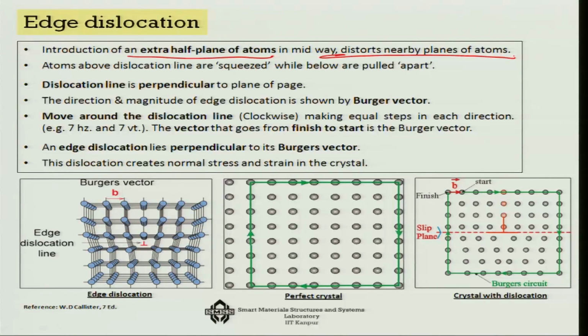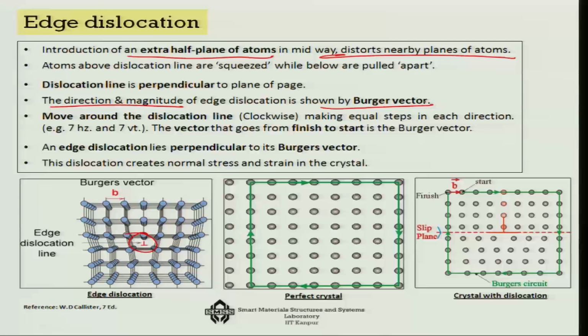Now, this dislocation line in this particular case, as you can see, is perpendicular to the plane of the page itself. So, this is the edge dislocation that we are talking about. The direction and magnitude of this dislocation is given by a vector known as the Burgers vector. So, how do we get this? You have to move around the dislocation line in a clockwise manner, making equal steps in each direction.